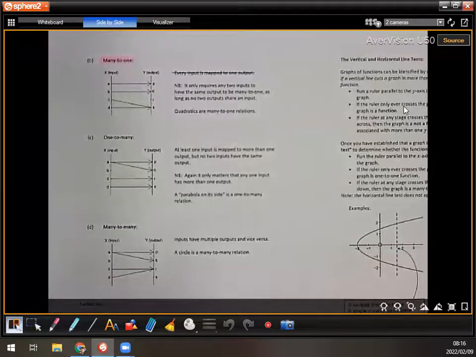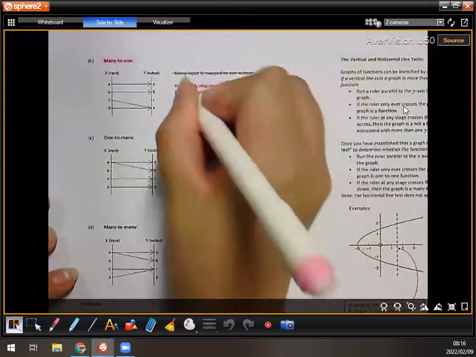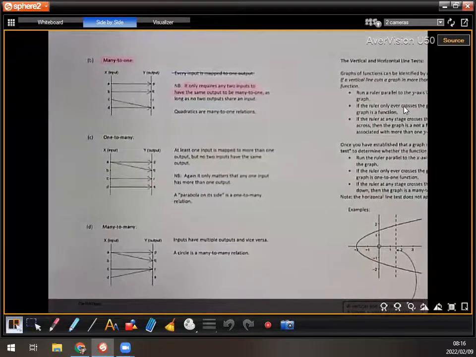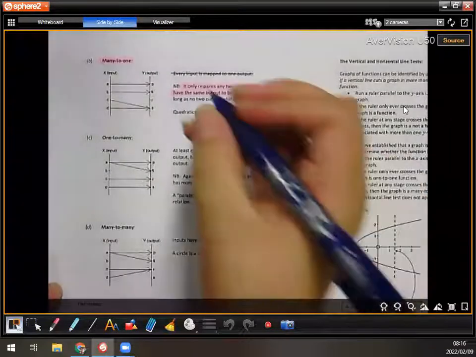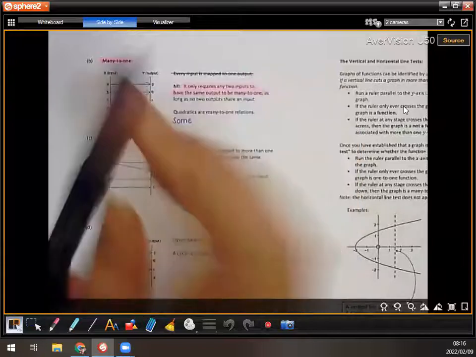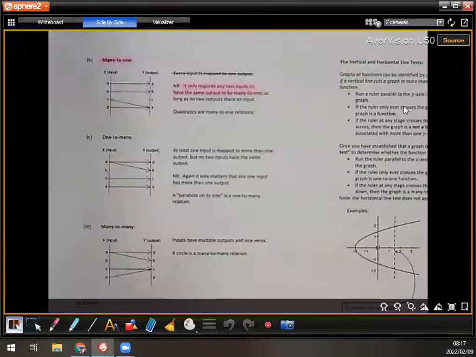It only requires any two inputs to have the same output to be many-to-one. Let's highlight that. Okay, so I'm just going to write in terms of x and y. No, sorry. Let's say multiple x values can give the same y value.